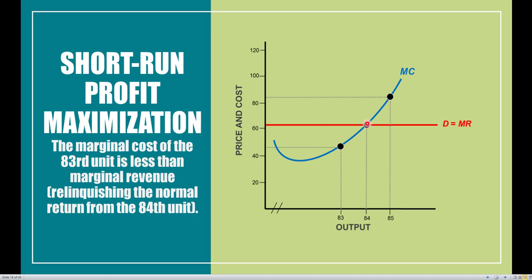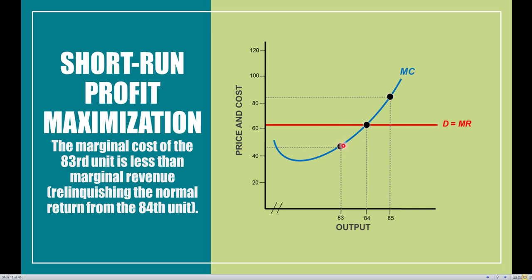But we can also use a little bit of intuition to see why these 84 units are going to be our profit maximizing point. Why wouldn't the firm want to produce 83 units of this particular good? The reason is because the marginal revenue is higher than the marginal cost. It costs them, say, about $50 to produce this one additional unit, but if they sell this unit, they're receiving $60.